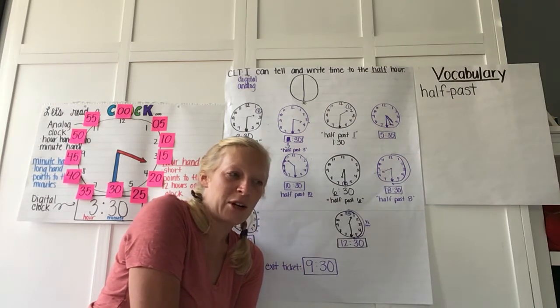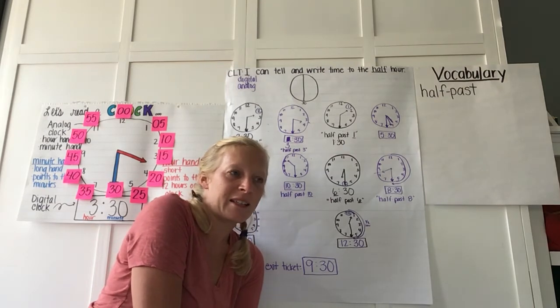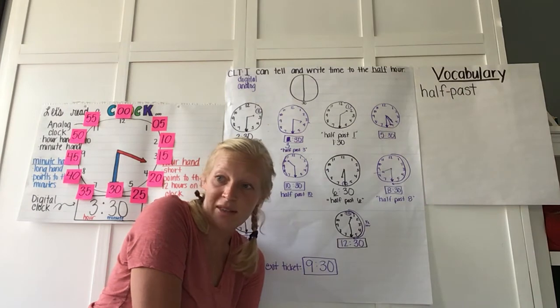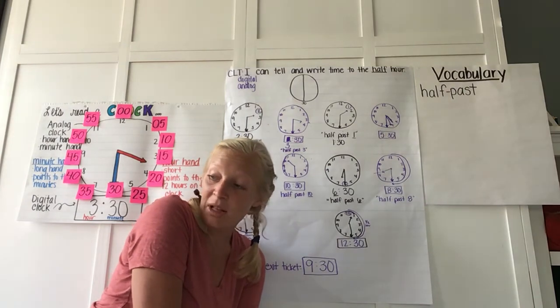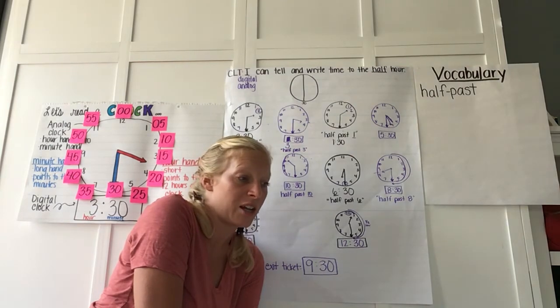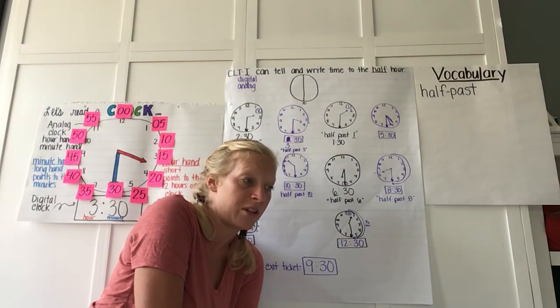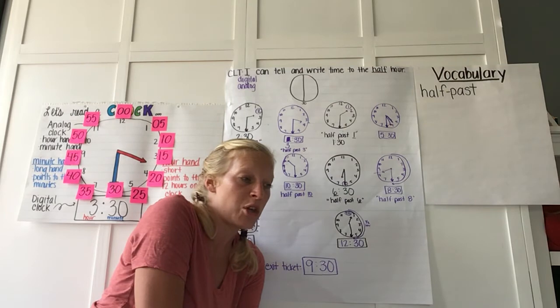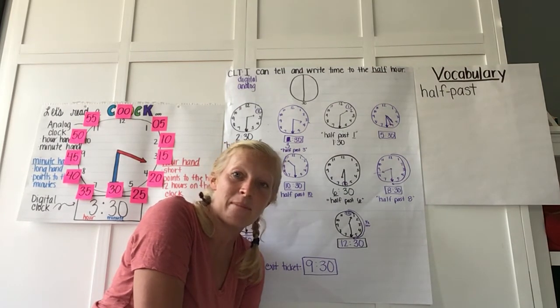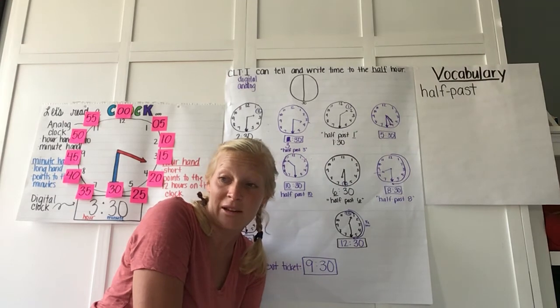All right, second grade. In your independent practice today, you have some clocks that have hands drawn on them, and you have some clocks that have a blank analog clock, and you have the digital time drawn on them. You are going to either draw or write the time that matches the time you are given.